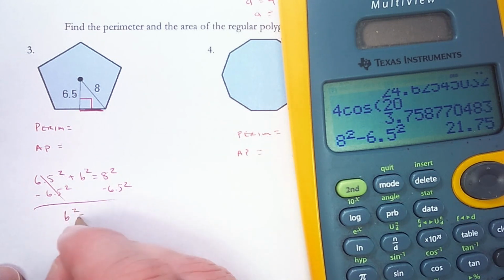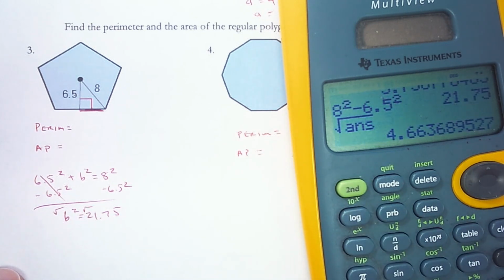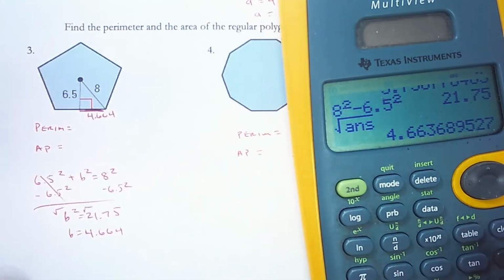And we've got b squared is 21.75. And then the square root of that answer is 4.664. So this right here is 4.664.